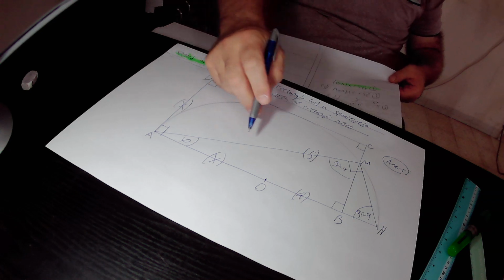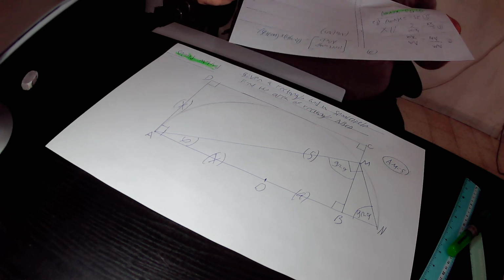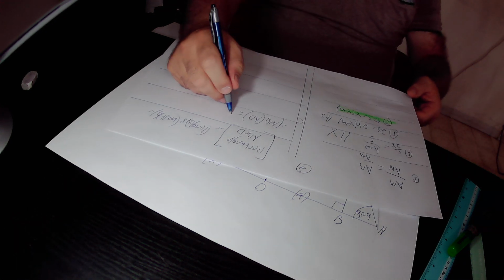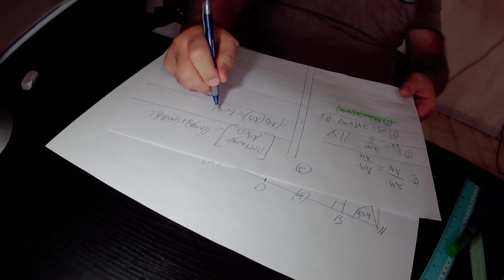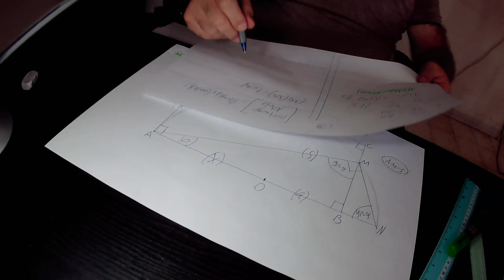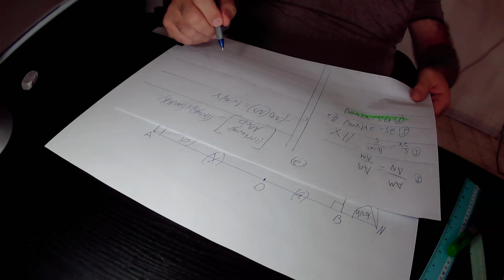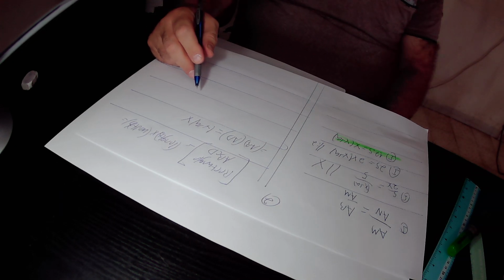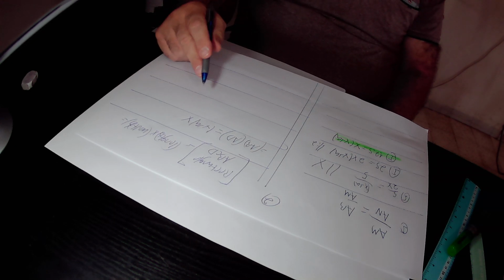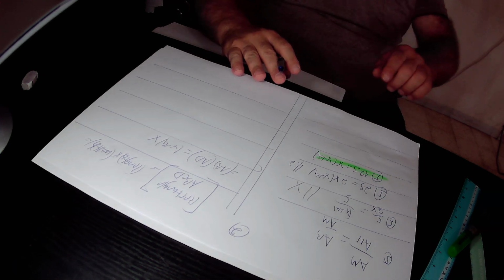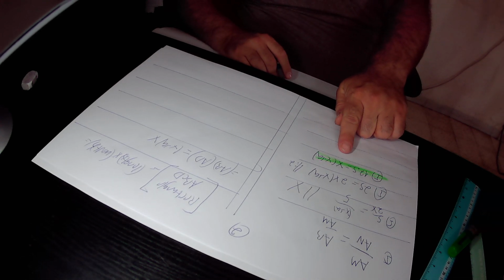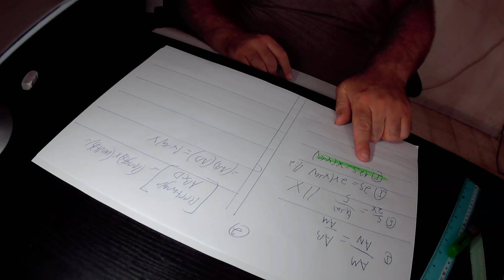AB is x plus a, and AD is x. So in total, the area of rectangle ABCD equals x times x plus a. But according to equation 1, x times x plus a equals 12.5.